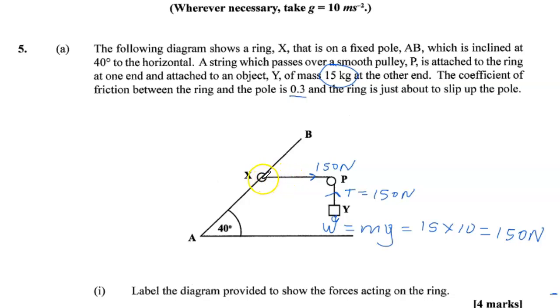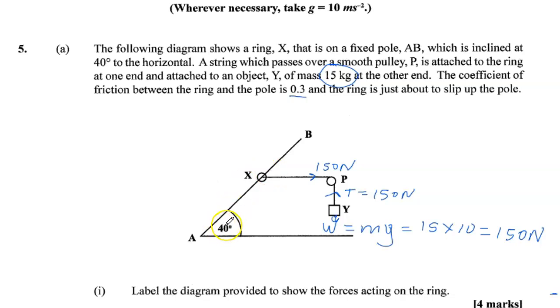But this 150 newtons is pulling on the ring at an angle to the pole, which means that this 150 newtons will have two components, so we need to resolve them. The component parallel to the pole is along the pole.